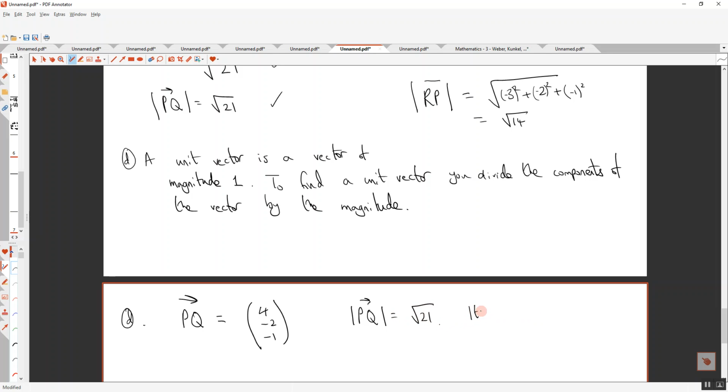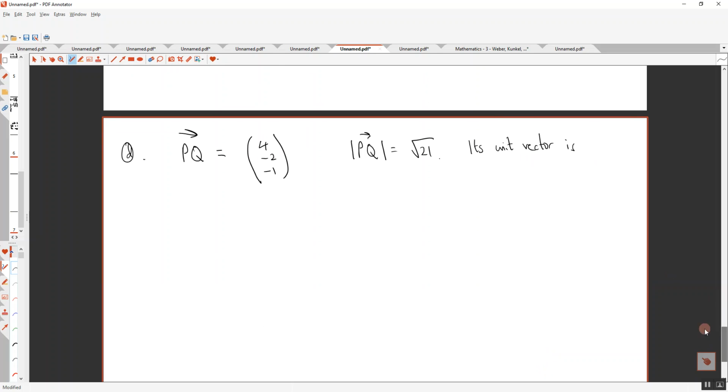So its unit vector is going to be, I'll need more room than that. We want the same vector, we want the same direction, but it's only going to have a magnitude of 1. So it's going to be 4 divided by the square root of 21. It's going to be -2 divided by the square root of 21. And it's going to be -1 divided by the square root of 21.